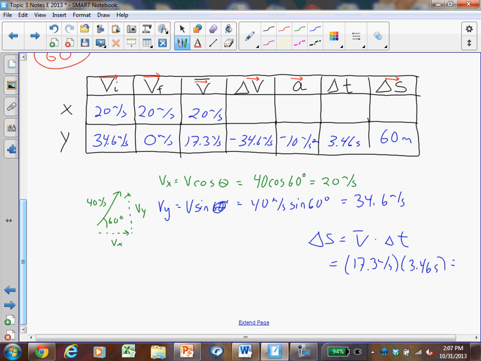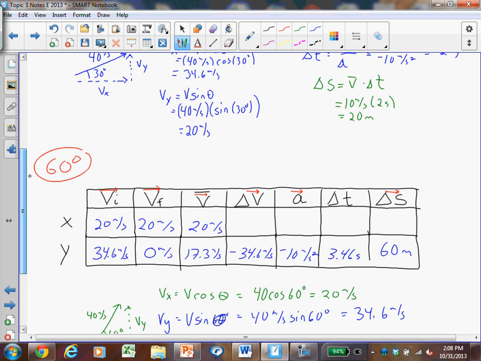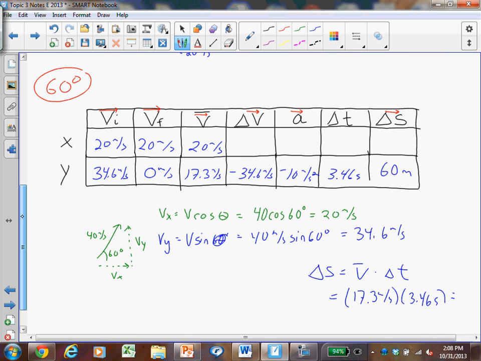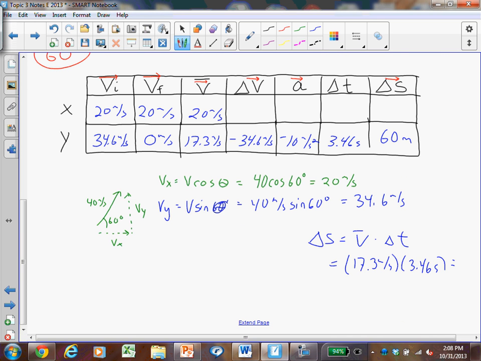Now what did we go up in the other one? Only 20 meters, right? Now these are 0. This would be 3.46 seconds.